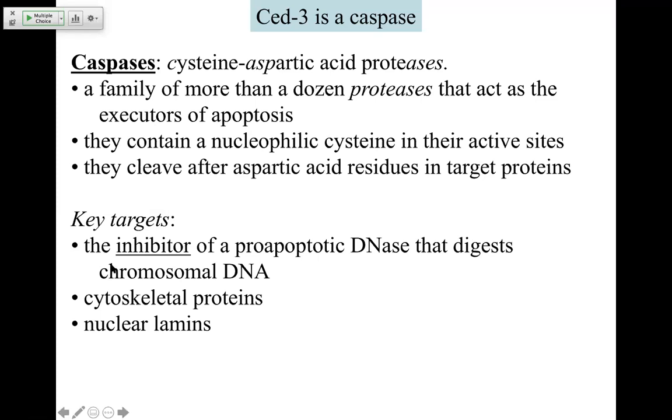We'll see an example of that in a second. Another target of a caspase are cytoskeletal proteins. Cleave those cytoskeletal filaments, causing all of the structure of the cytoplasm to break down. Another target is a nuclear lamin. So let's look at this one in a little bit more detail on the next slide. The action of a caspase on a nuclear lamin results in permanent breakdown of the nuclear envelope.